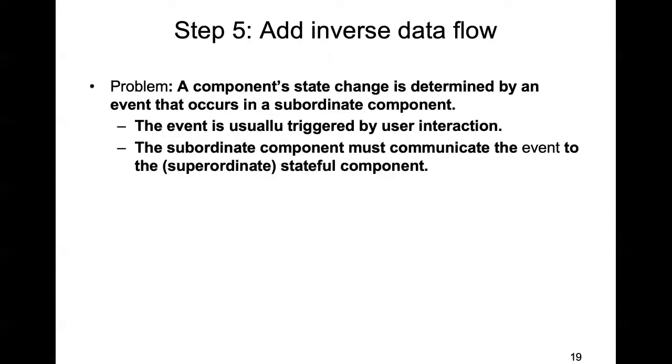And if you remember, inverse data flow is all about where the current value of the state variable in a stateful component is actually determined by an event that occurs in a subordinate component.